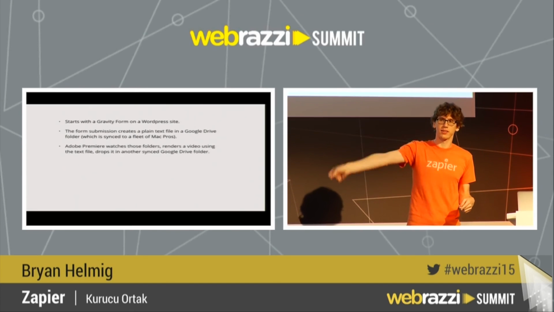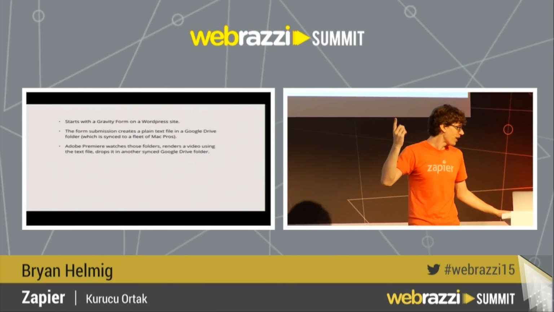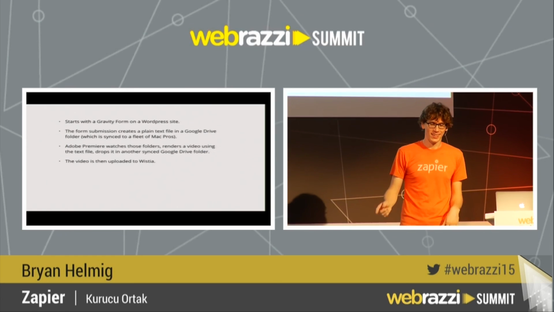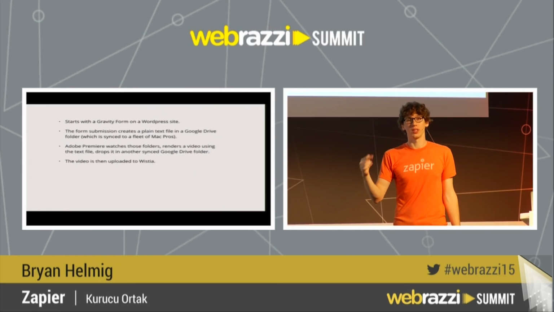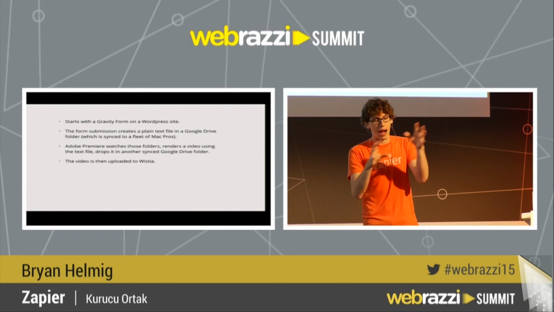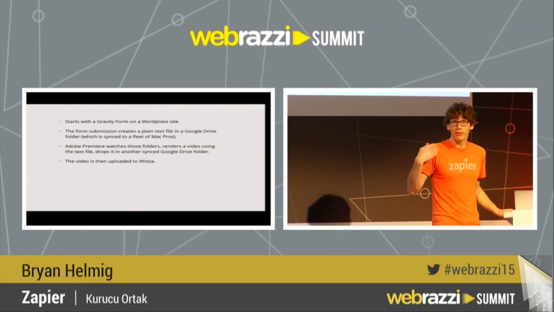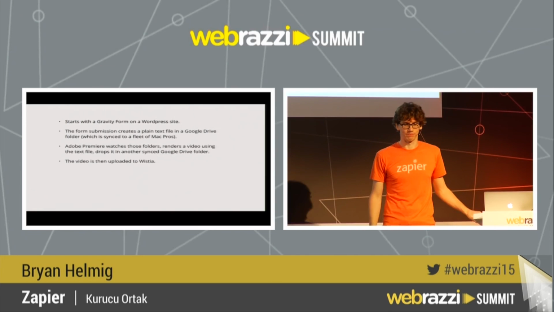And the rendered video gets synced to a different folder in Google Drive. So that gets synced back to this service, and that video is uploaded to Wistia, which gives you lots of analytics and personal information about how people are watching your videos. So it gets added there, so we can find out if people are actually watching them when he sends them.